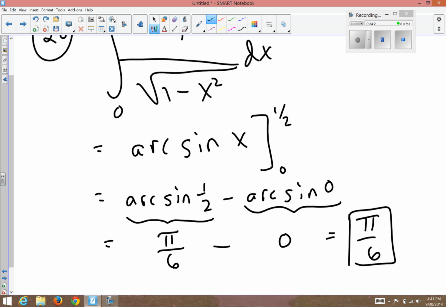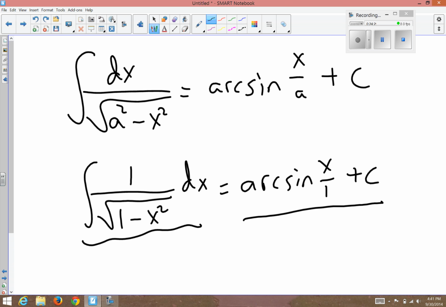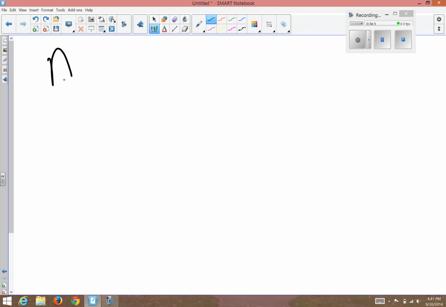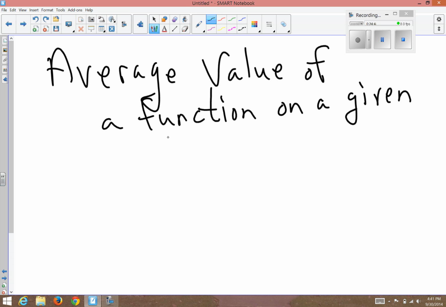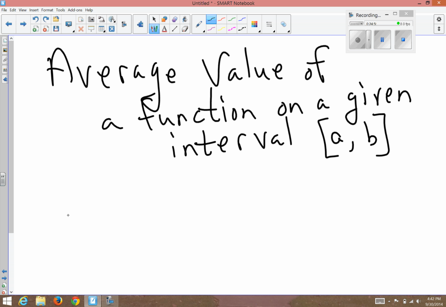Right, one more formula before we end this segment: there's something called the average value of a function on a given interval, from a to b, from some number to some number. If the function is called f of x, f with a bar over it would be the symbol for the average value of the function.